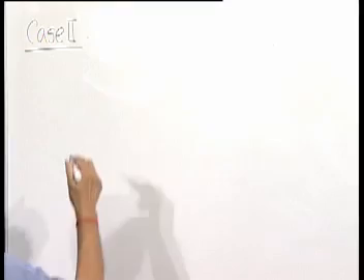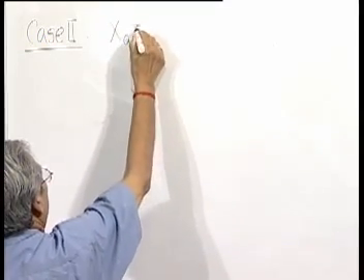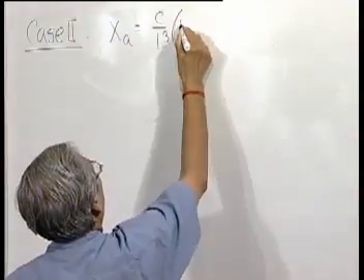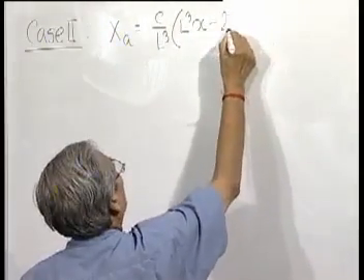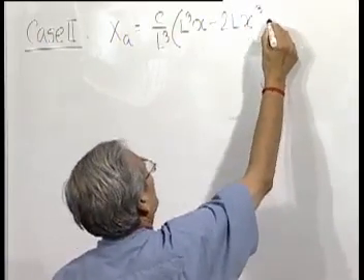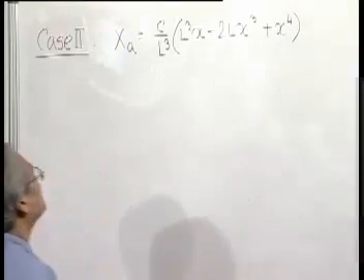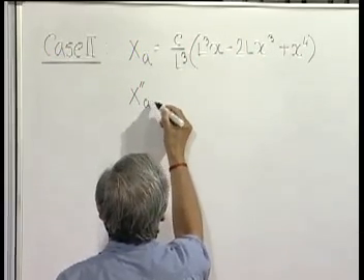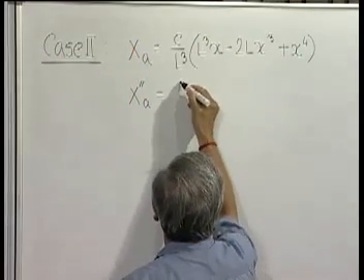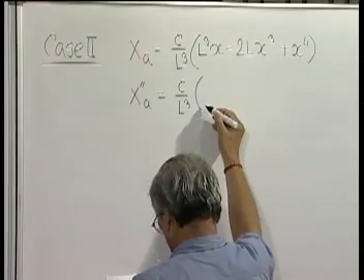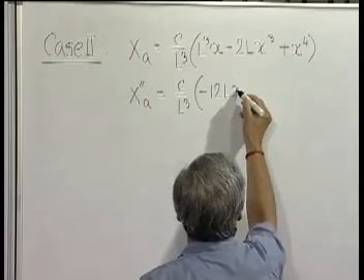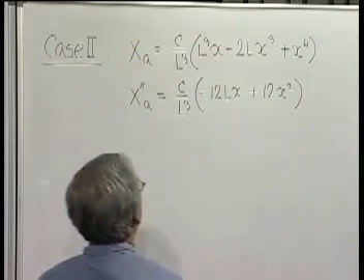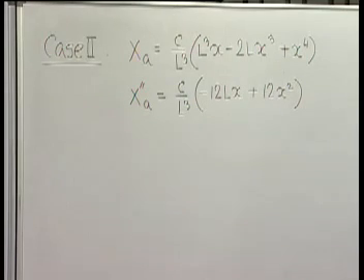If we take another choice, say XA is... if we make this choice, then XA is that, and d2XA dx square is this.